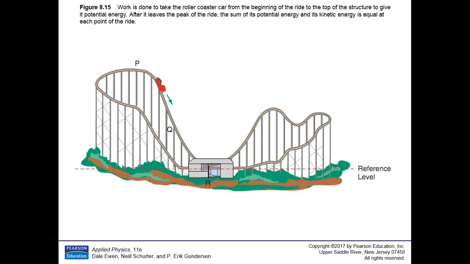They pull you up to here, and then you go back again. It's all conservation of mechanical energy. Losing potential energy, gaining kinetic energy, losing kinetic energy, gaining potential energy as you go back up. Back and forth, back and forth.